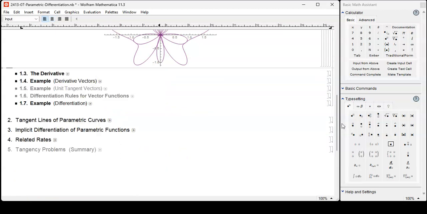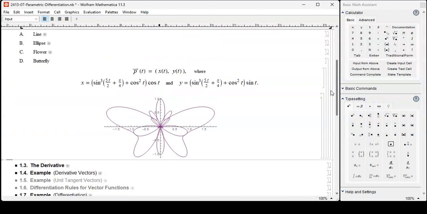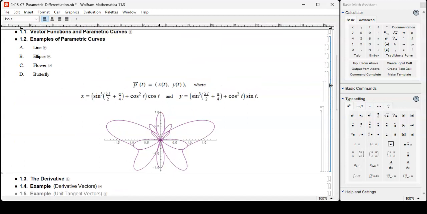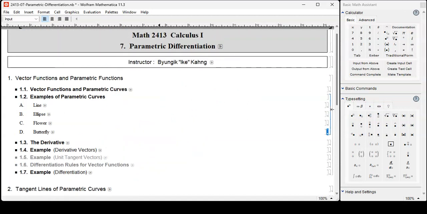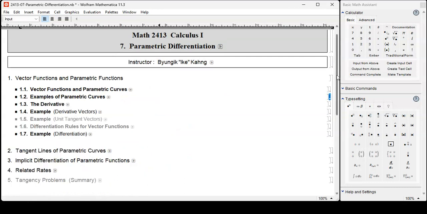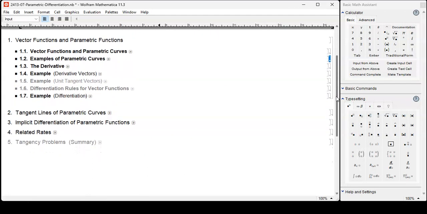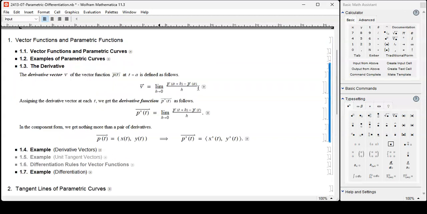So in short, if you have a pair of functions, x of t and y of t, put together you get a position vector function, and that defines a curve. Now let's do some calculus with this curve. Find the derivative. How do you do that? Well, we can define the derivative using the Newton quotient like this.